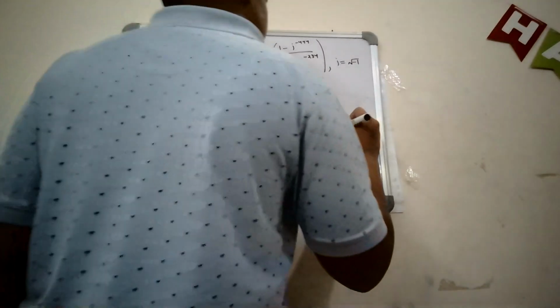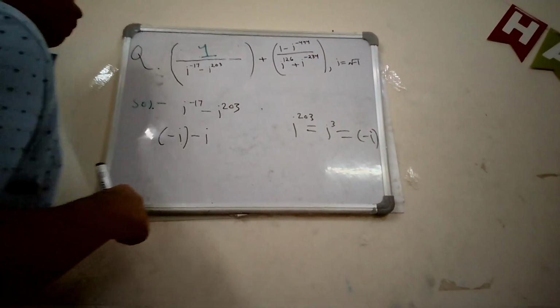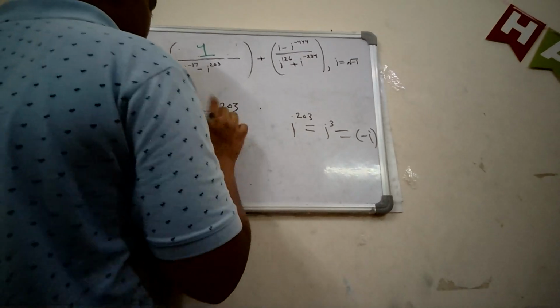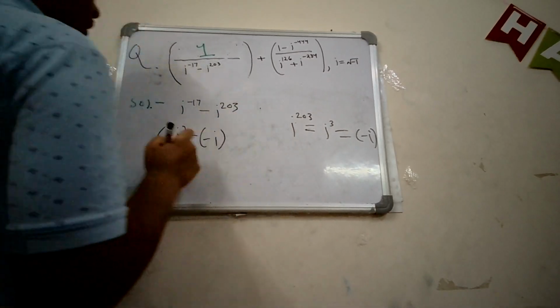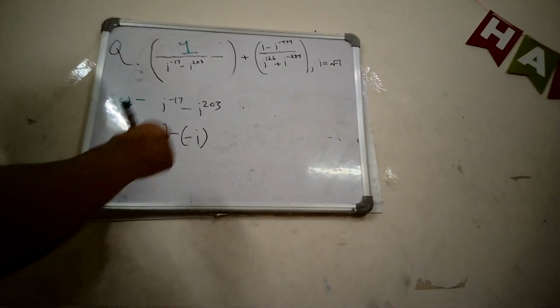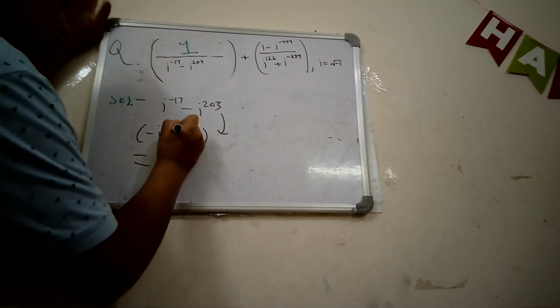And I cubed is negative I. So we're gonna write this as minus negative I. Make sure of the brackets, it's important. So this becomes this, and this cancels.